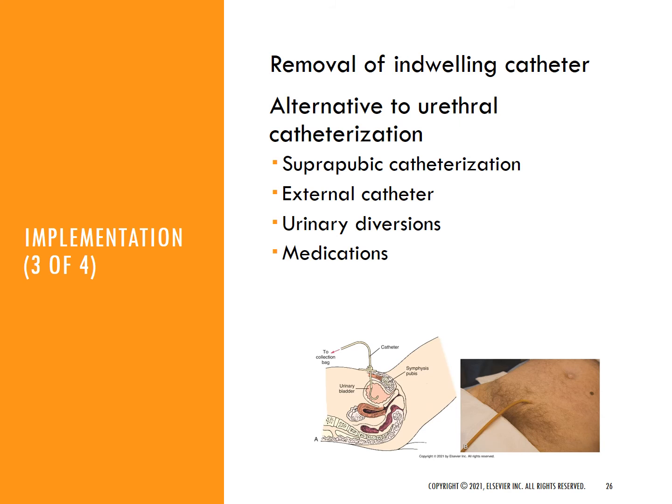This slide shows some alternatives to basic urethral catheterization and also mentions some urinary diversions that you may see with your client. The picture on the right shows a suprapubic catheterization.